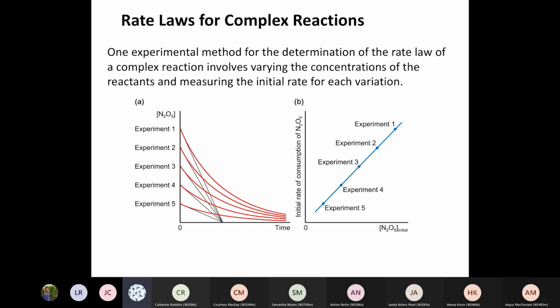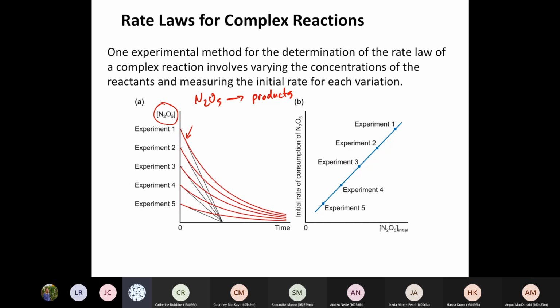So here's an example. We're going to do a reaction where we're starting with N2O5, and it's going to react to give products. One of these red lines would be what you'd expect to see for the concentration of N2O5 at some given starting concentration.